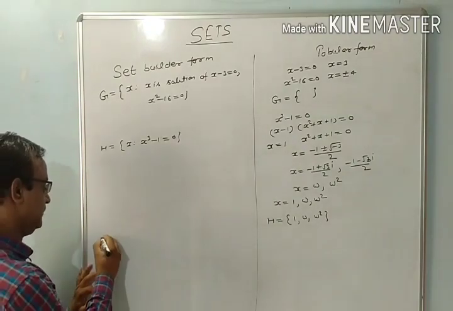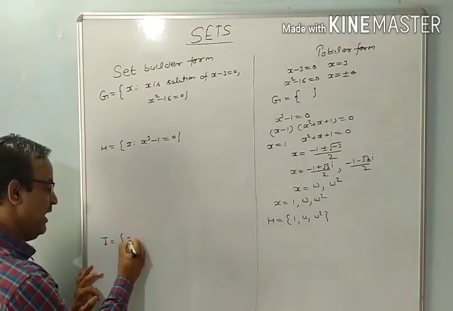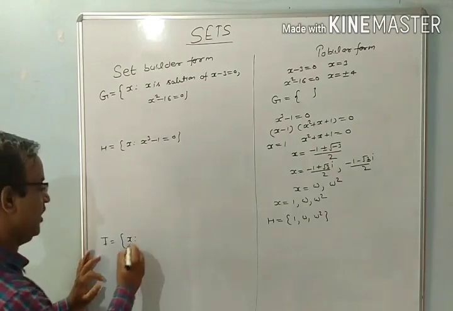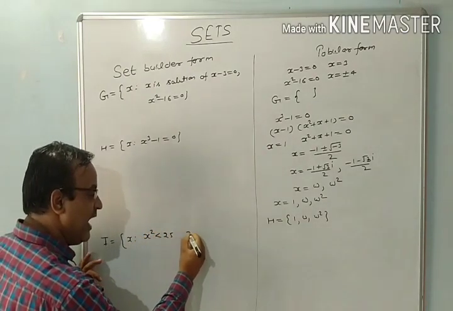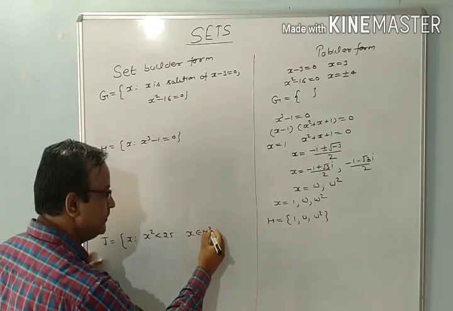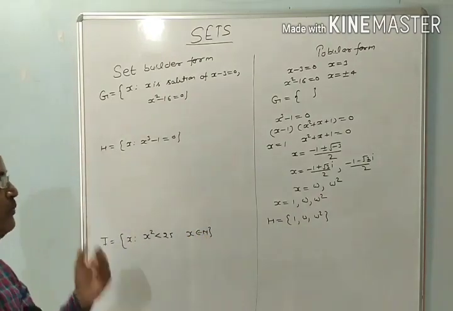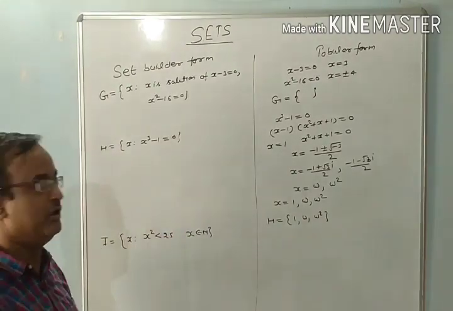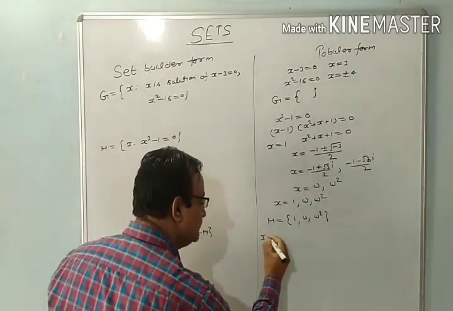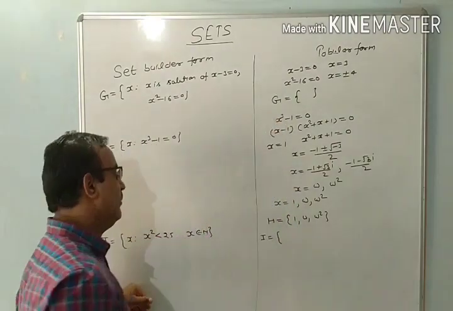Now x is the set such that x square is less than 25 and x belongs to natural numbers. That means x square should be less than 25, and x must belong to the natural numbers. Now we have to convert into tabular form.